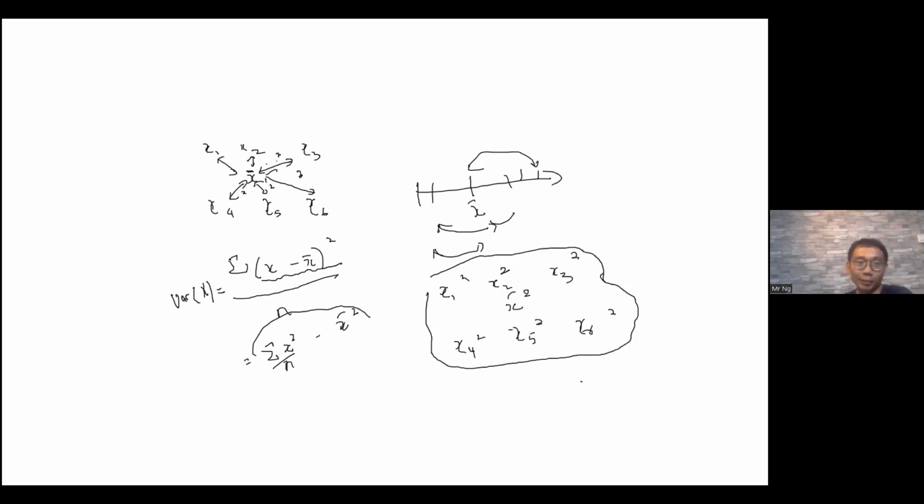Let's say my population is this big, my sample is only this big. We can see each as just a group of data with a variance. This group of data has a variance, and this group of data also has a variance.